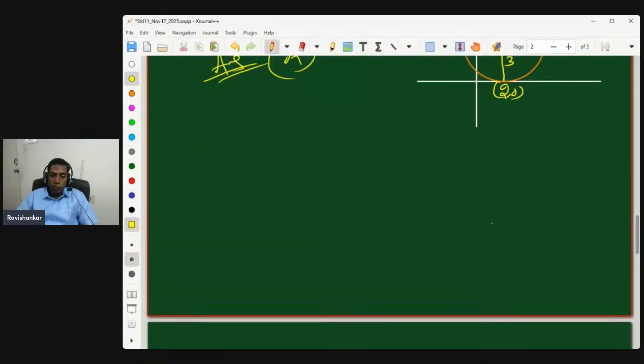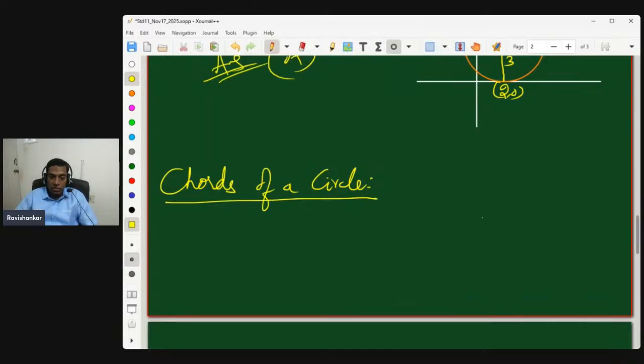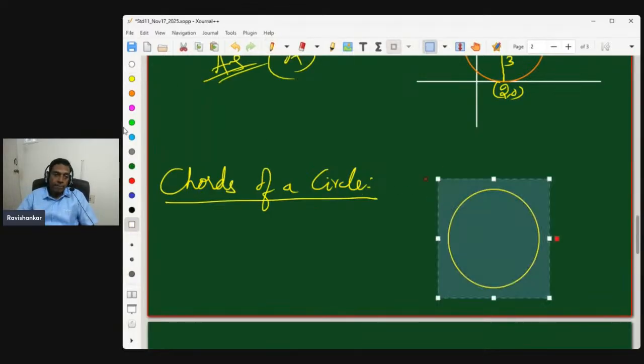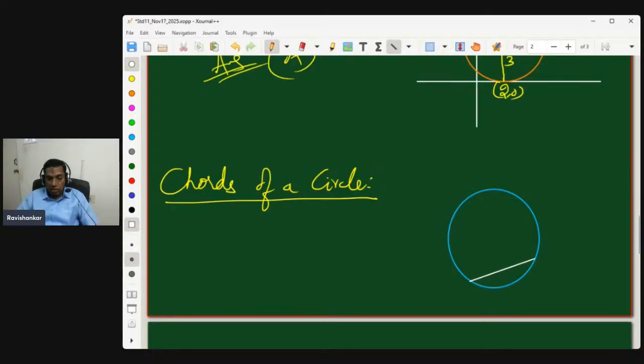Before we go into that, if you want to look at chords of a circle, any circle, and we did this last class, if you have a chord AB, then you know that the perpendicular from the center to the chord bisects the chord.